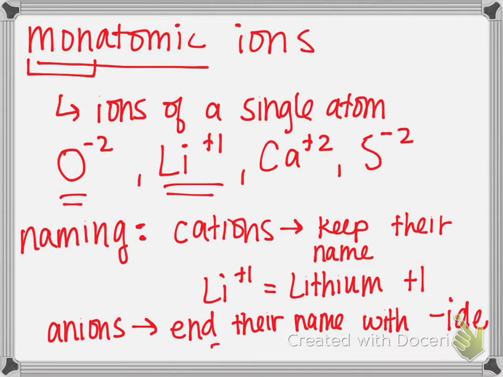So O -2, instead of being oxygen, would be called oxide. Oxide, all right? And the -ide tells me I'm dealing with the charged version of oxygen. I'm not just dealing with O. I'm dealing with O -2.